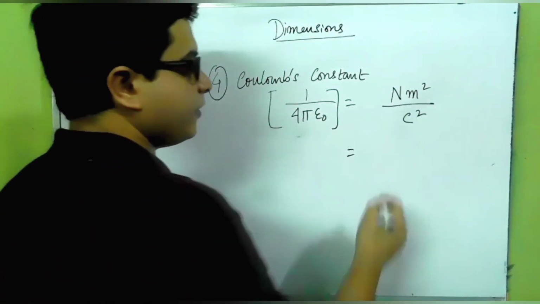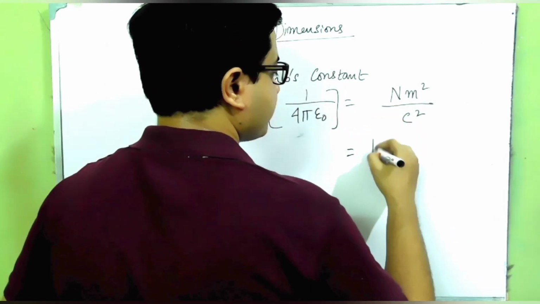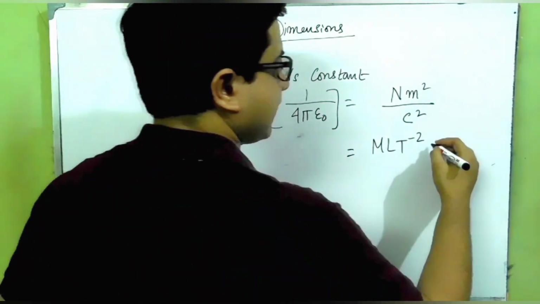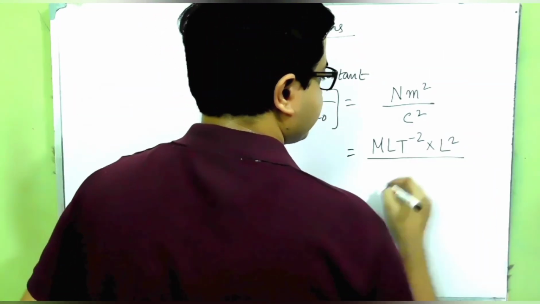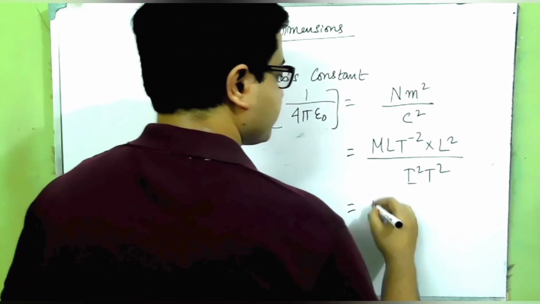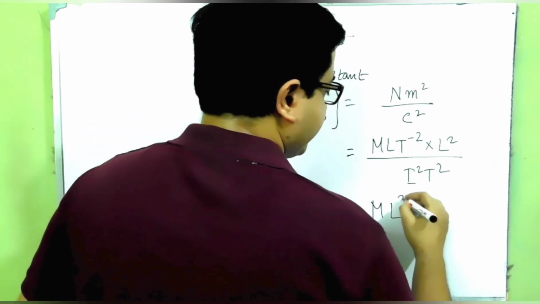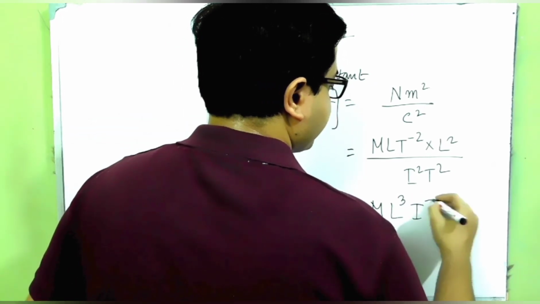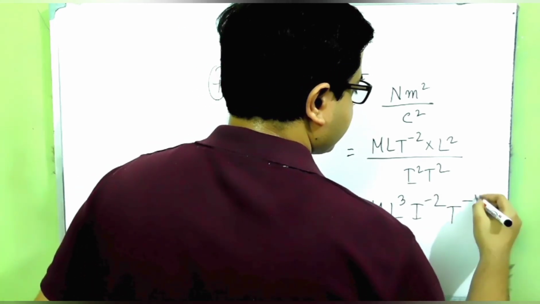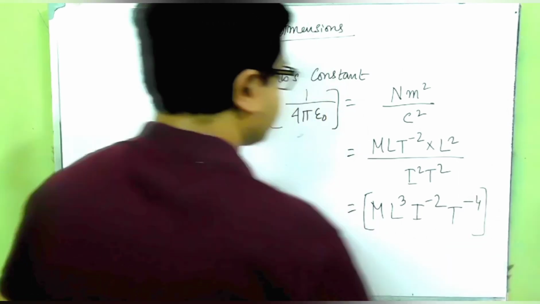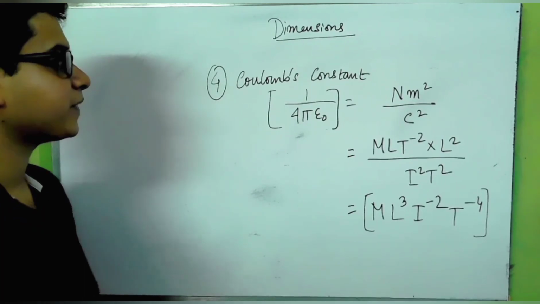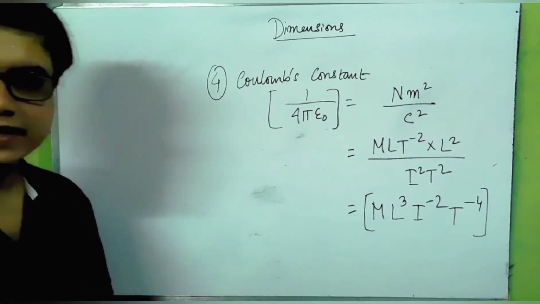The dimension of force is m L t to the power minus 2, and the dimension of meter square is L square, divided by charge square, that is I square t square. So the dimension becomes m L cube I to the power minus 2 and t to the power minus 4. So this is the dimension of Coulomb's constant, that is 1 over 4 pi epsilon naught. Please write it down.